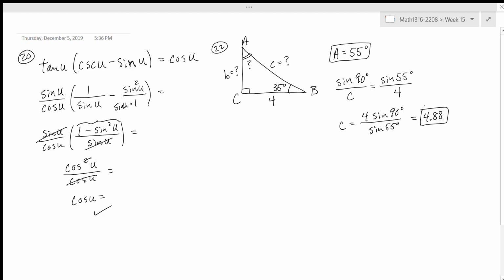Anybody agree? 4.88. I'm seeing a lot of heads shaking yes, and one shaking no. Oh, you better make sure you're in the right mode. Make sure you're in degree mode. 4 sine 90 divided by sine 55.